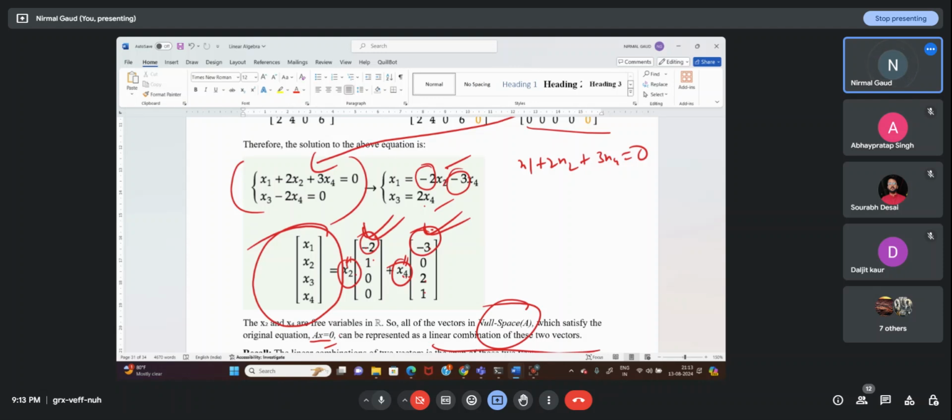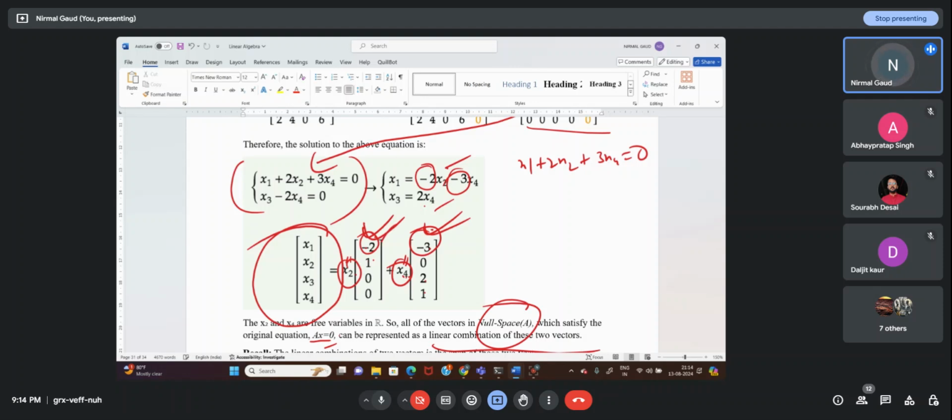So x2 and x4 are the free variables. I can choose anything and get the values of x1 and x3 from here, because x1 and x3 are dependent on them.